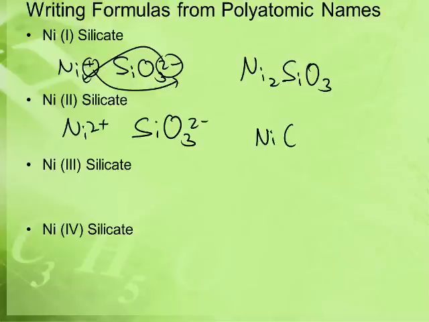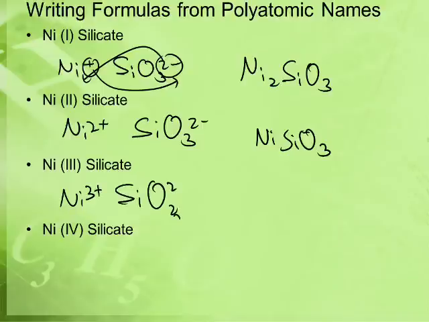Ni, again, SiO3. Nickel 3 is Ni3 plus, SiO3 2 minus. Switch those two with each other. So we have Ni2 parentheses. Now we have to use parentheses here.